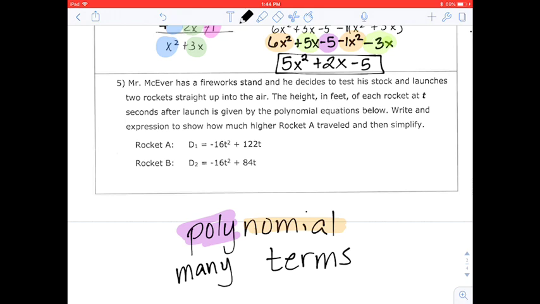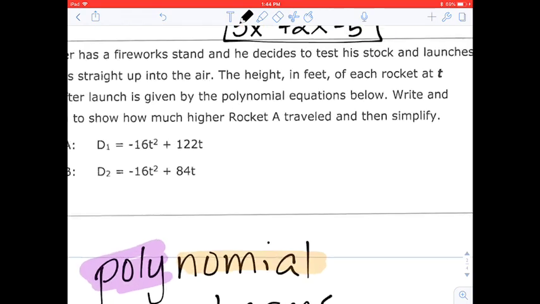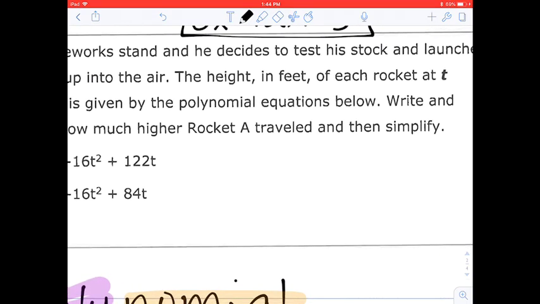So Mr. McKeever is launching these rockets in the air, and we have 2 polynomial or multi-term expressions that represent the height of these 2 fireworks. We want to know how much higher rocket A has traveled than rocket B. So rocket A can be represented by the expression negative 16t squared plus 122t.